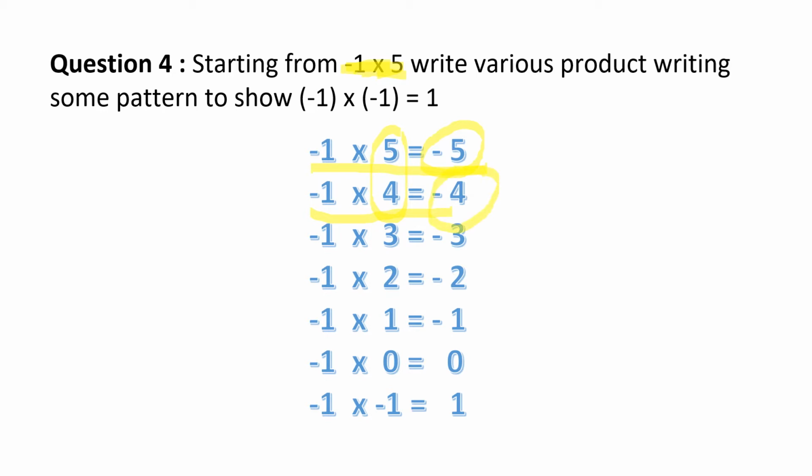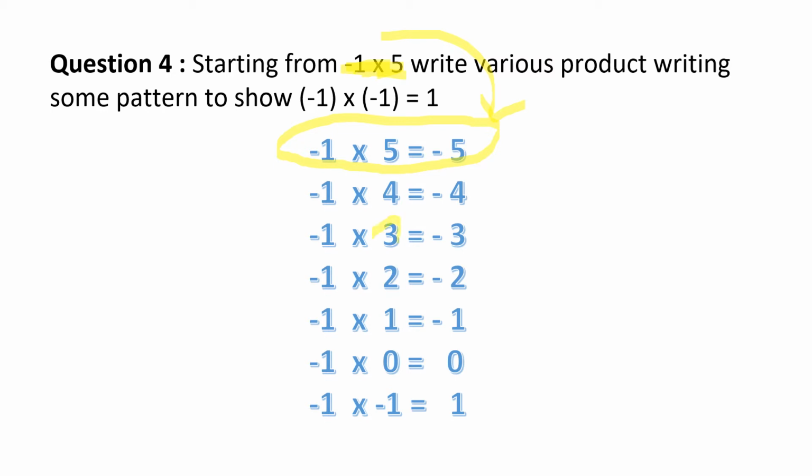Don't get confused, let me explain again. Minus 1 into 5 is minus 5. Next number, minus 1 into 4 is minus 4. Next number, minus 1 into 3 is minus 3.